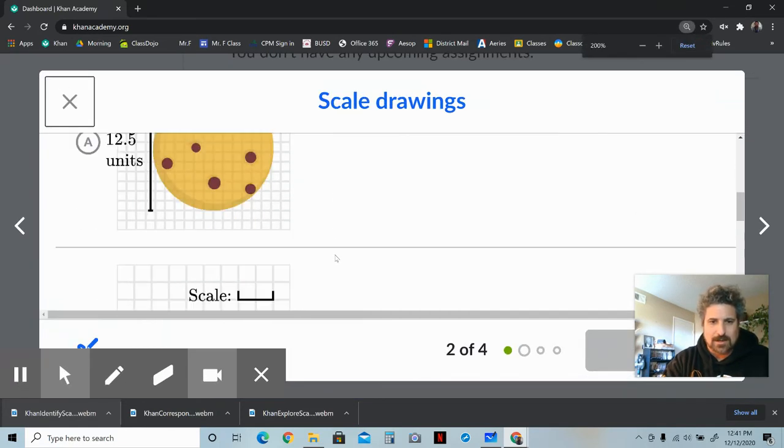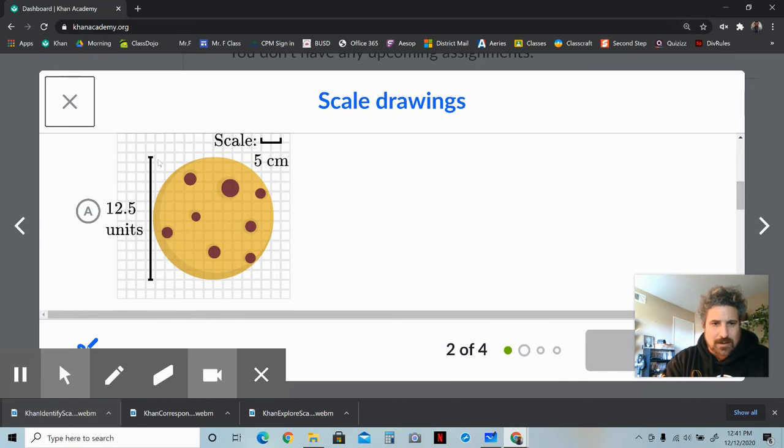If we're looking at the length of this cookie, it's 1, 2, 3, 4, 5, 6, 7, 8, 9, 10, 11, 12. Okay, so this is 12.5 units, fair enough. 2 units is 5 centimeters, so 12 and a half units would be 12 and a half times 5 centimeters.